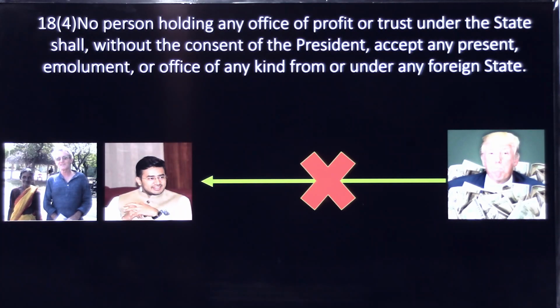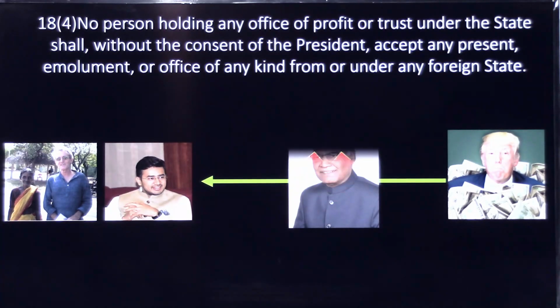So no person holding any office of profit or trust under the state shall without consent of president accept any kind of emolument. It means that both these persons, be it Indian or foreigner, if holding any kind of office of profit or trust under the Indian government, cannot accept any kind of emolument, gifts, present or any kind of office from a foreign state.